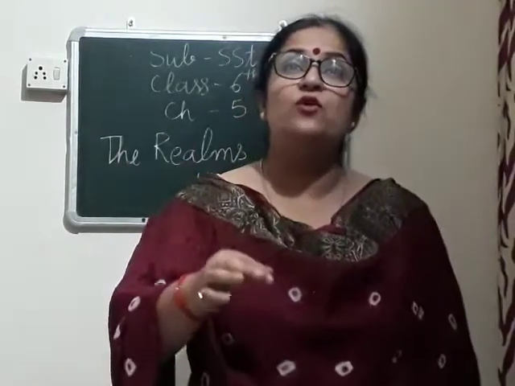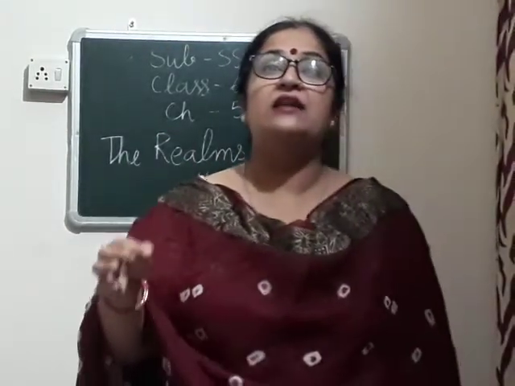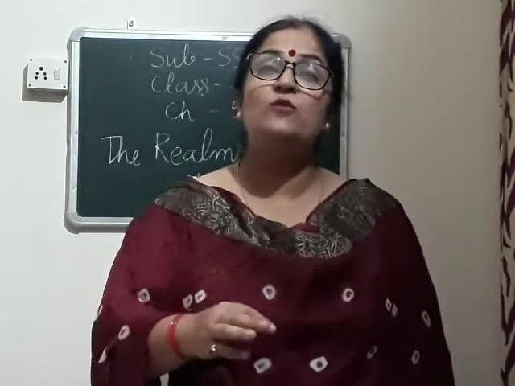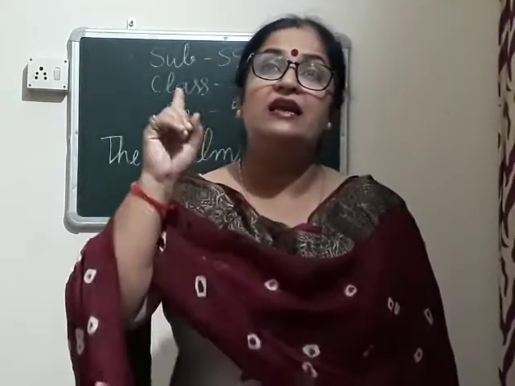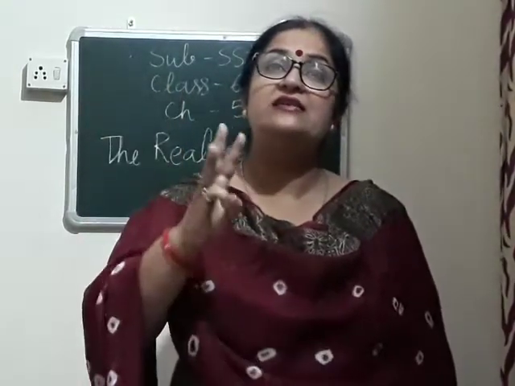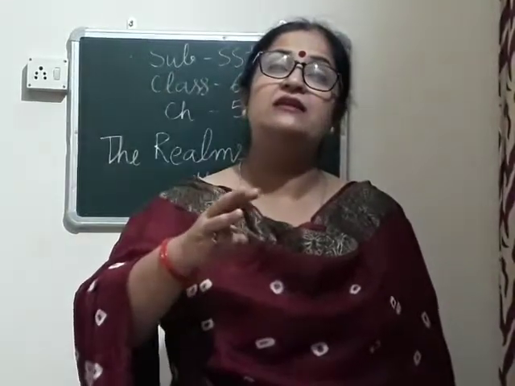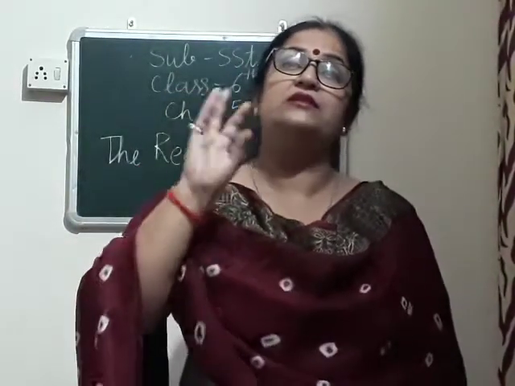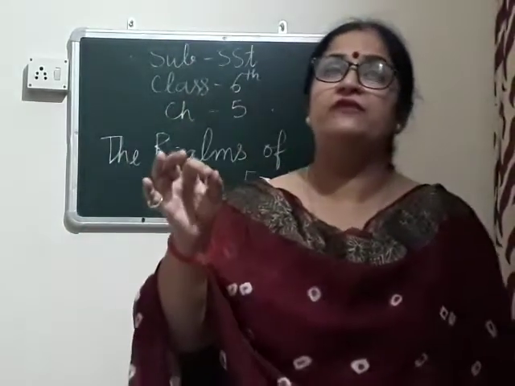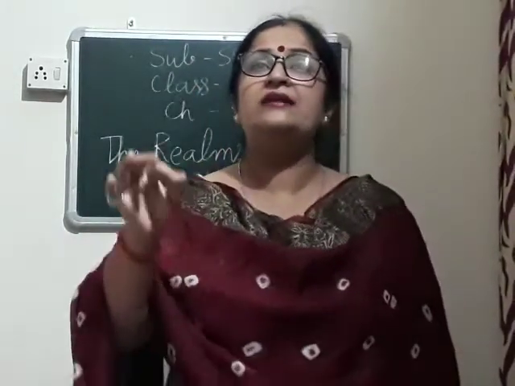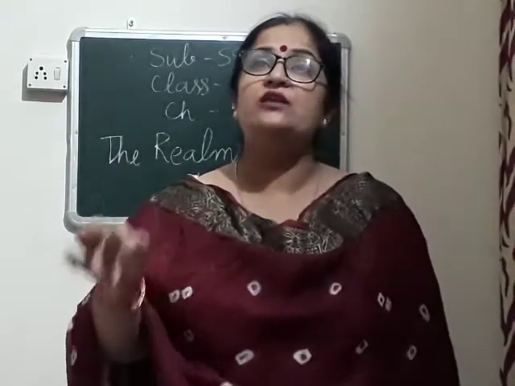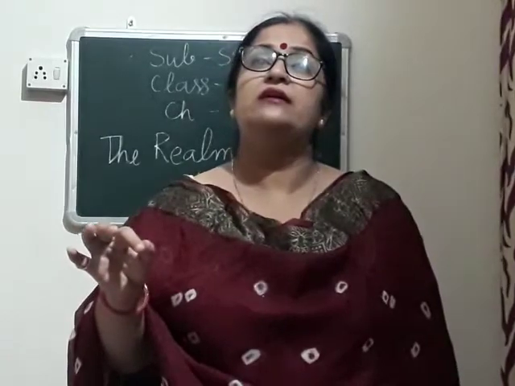The most important life conditions are the 3 domains of the earth. What are 3 domains? Which are land, air and water. These are necessary for life and all these are on the earth, right? To support the life. The entire land surface on the earth is called as the lithosphere, right?